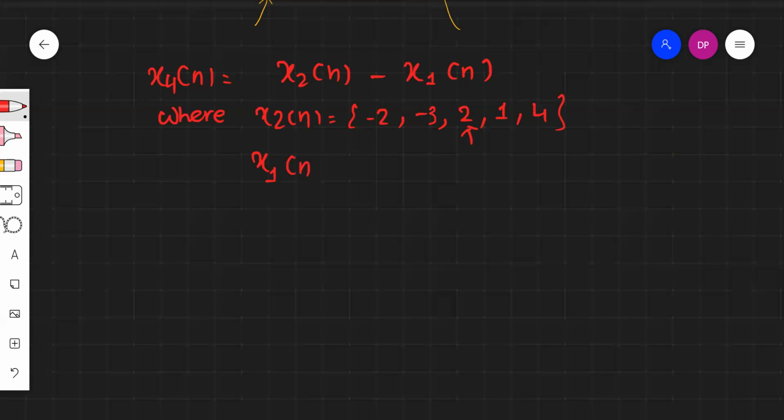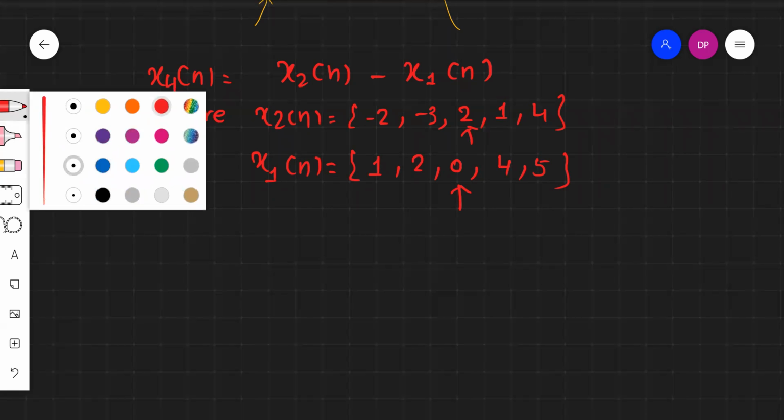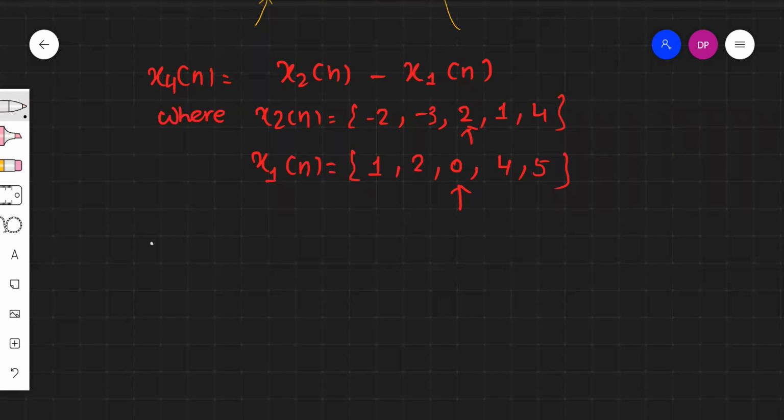And x1 of n is 1, 2, 0, 4, 5, and this was the zeroth index given. The question says to calculate x4 of n, which is a subtraction of these two sequences.